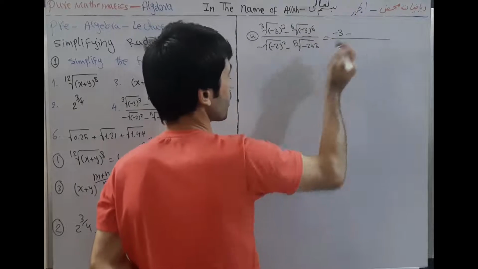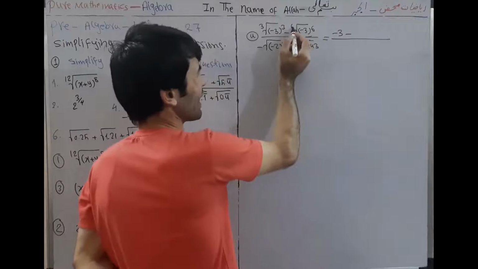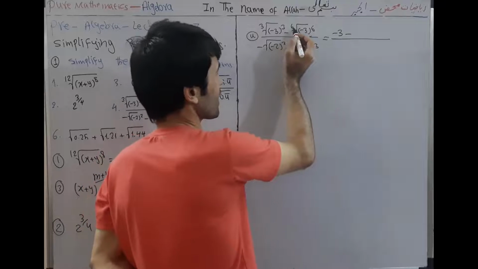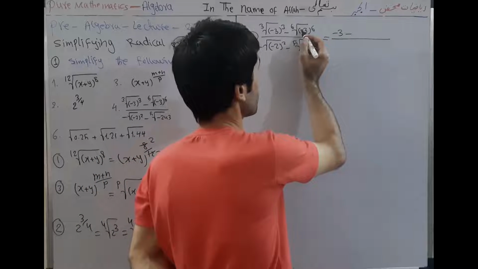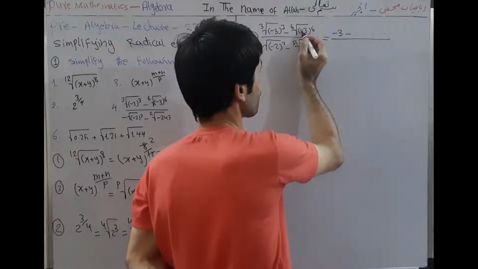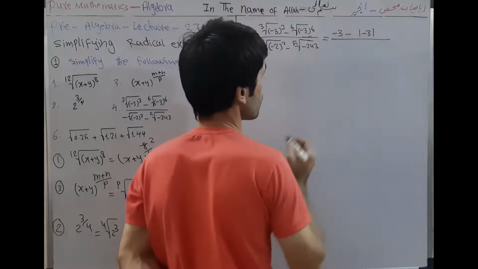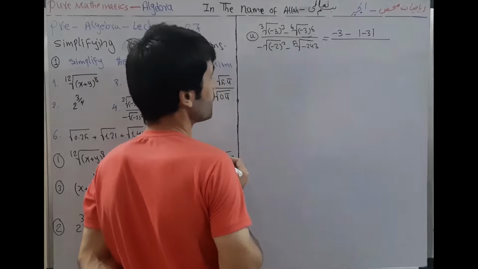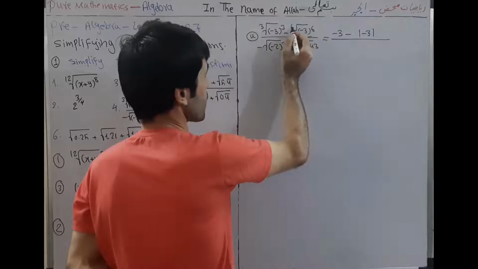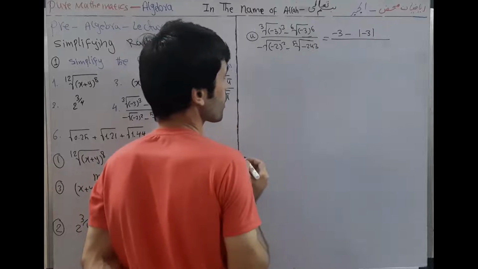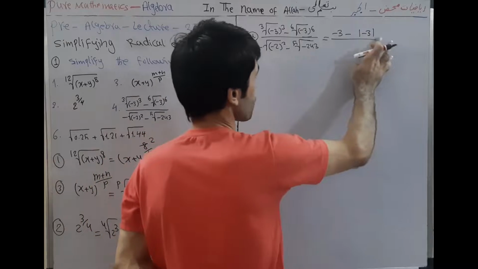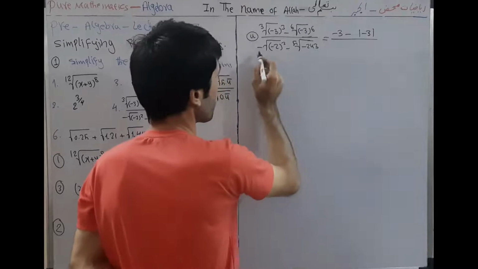We had a rule: if the index of the radical is an even integer, then it is equal to the modulo, the absolute value, of minus 3. If we cancel 6 by 6, then we should write the absolute value of minus 3.